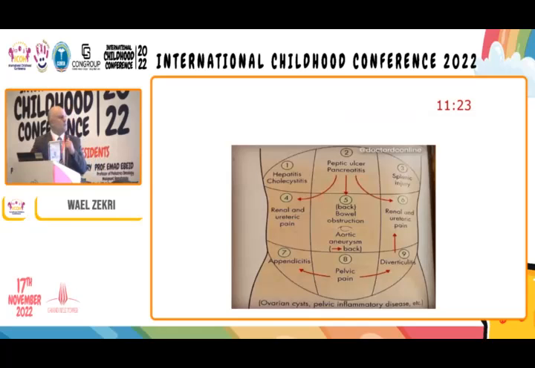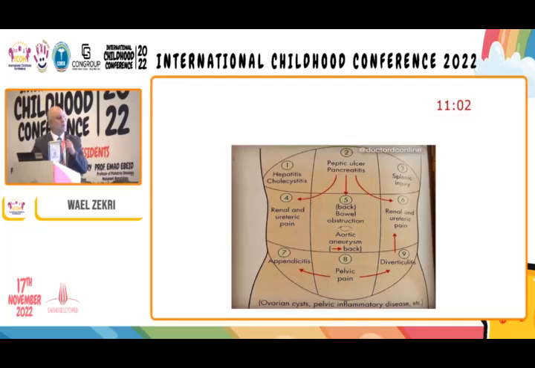So if we have pain related to the left hypochondrial region, this is another classification or another division of the abdomen. It is 9 regions and not only 4 quadrants.